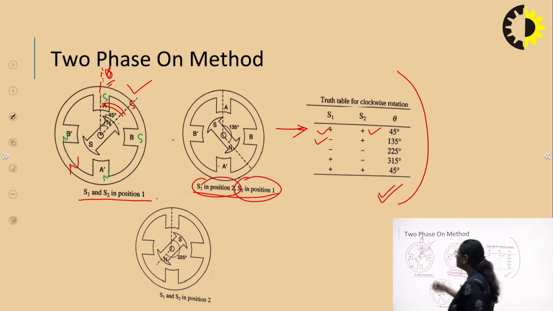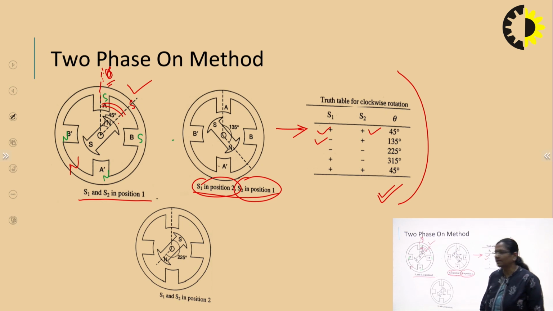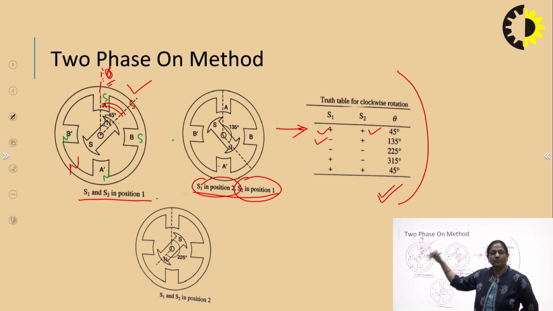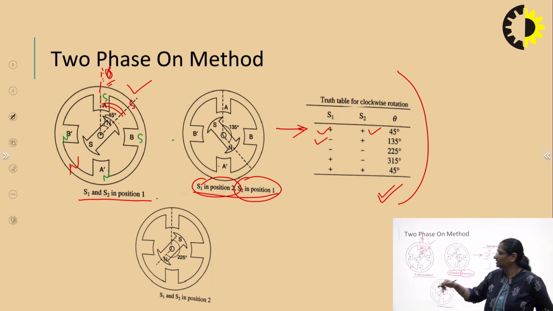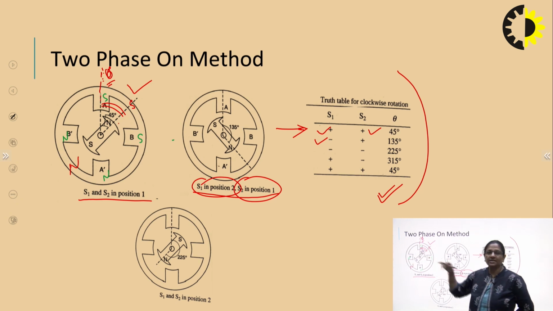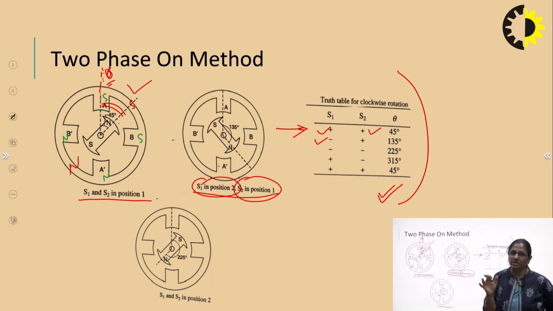So, the nomenclature that we are following over here, and definitely it depends upon the way in which the winding is done over the projected poles, right? So, just follow this. When current in the phases is positive, A and B side will have S pole formation, A dash, B dash side will have N pole formation, right?